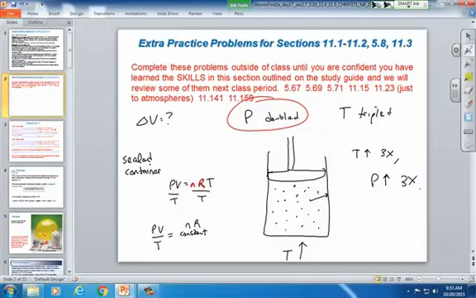So if those two are constant, I can say that the initial pressure times the volume over the temperature will be equal to the final pressure times the volume over the temperature, because they're both equal to the same constant, which is N times R. And if N is not changing and R is never changing, then when I multiply P times V and divide by the temperature, I should get the same value.